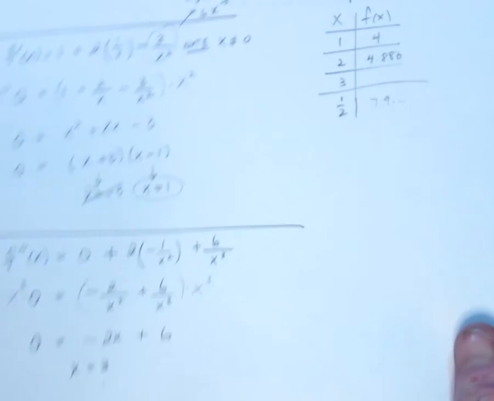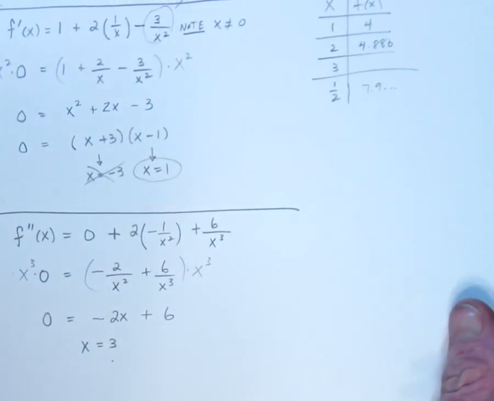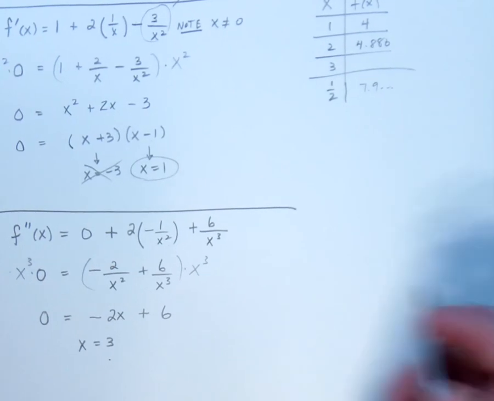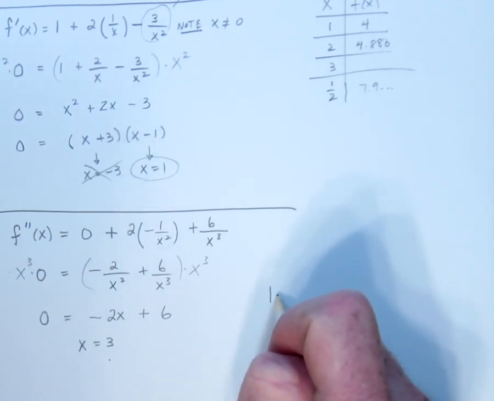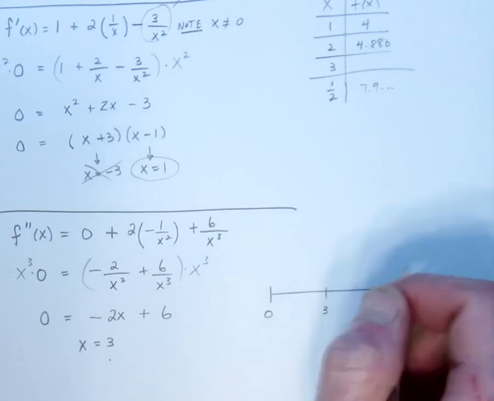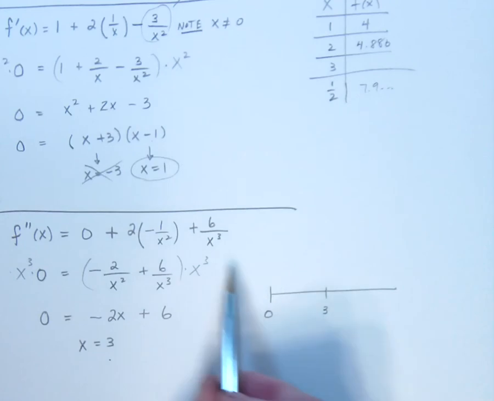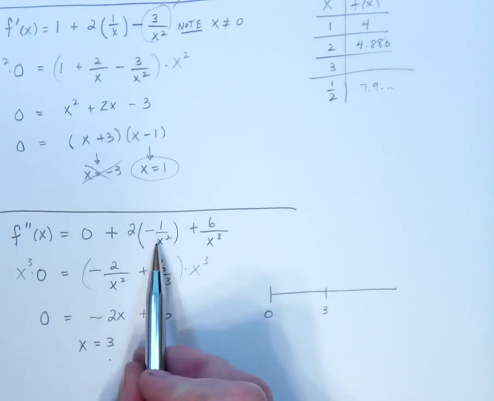Okay, back to x equals 3. So you could do the same thing that I did last time and say, here's a number line, here's 0, here's 3, and then pick a number in between, substitute it into the second derivative and see if you get a positive or a negative.